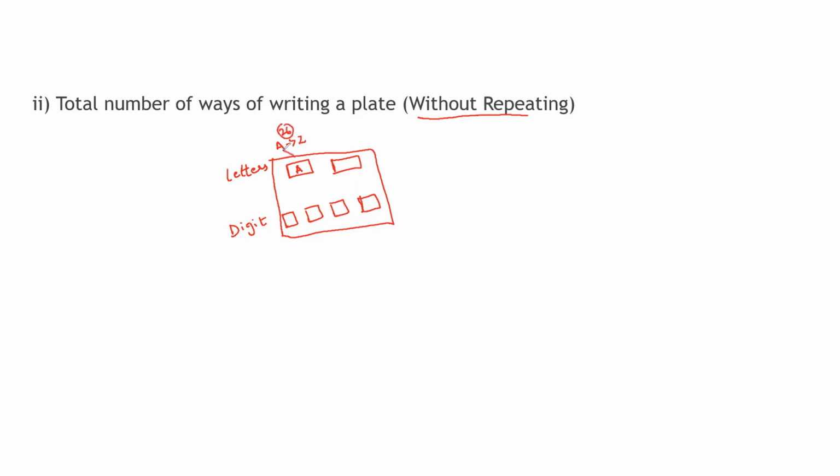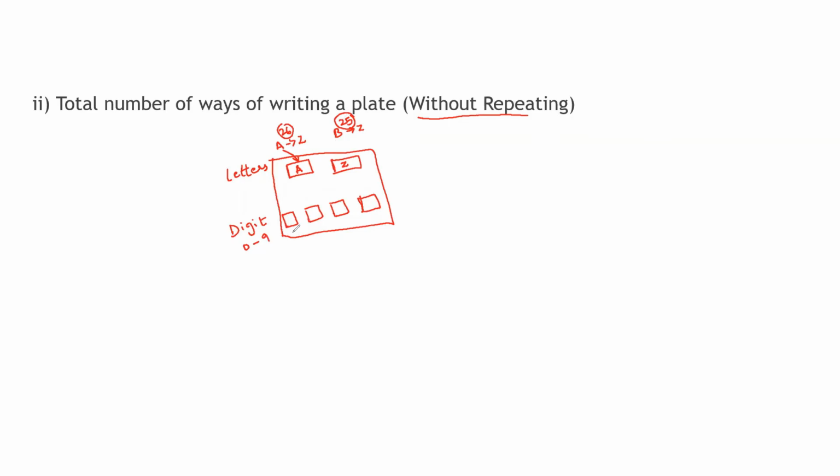But as A has already been written, any one letter I have to write from B to Z. How many options will be there? 25, because one letter has already been written here. I can write B, C, D, E, but I cannot write A. So 26, 25.